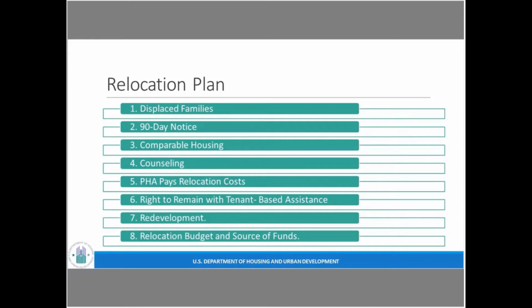Okay, thanks. So next question, are the PHAs to follow the URA with relocation of these households? I think you might have already answered that. So URA, again, may be triggered depending on the use of federal funds for the acquisition, rehab, or demolition of the project.